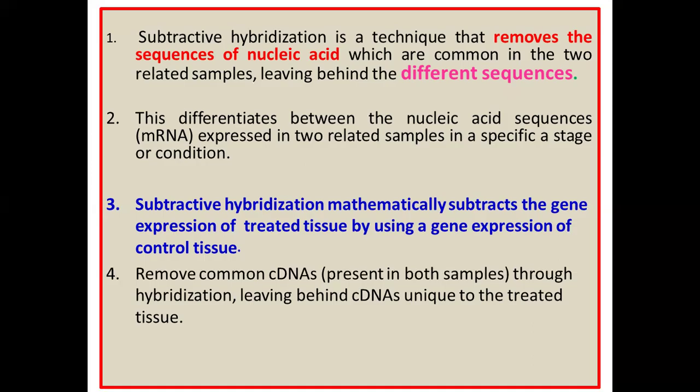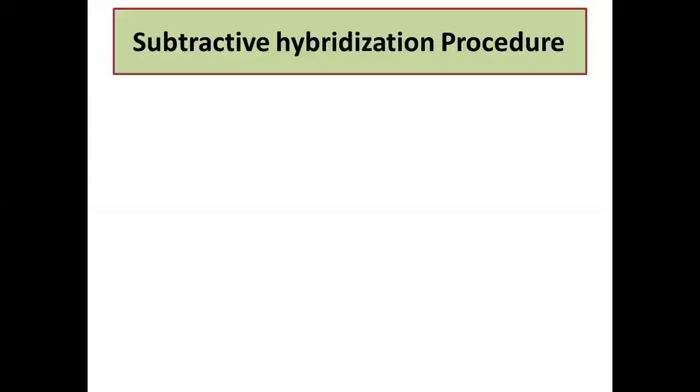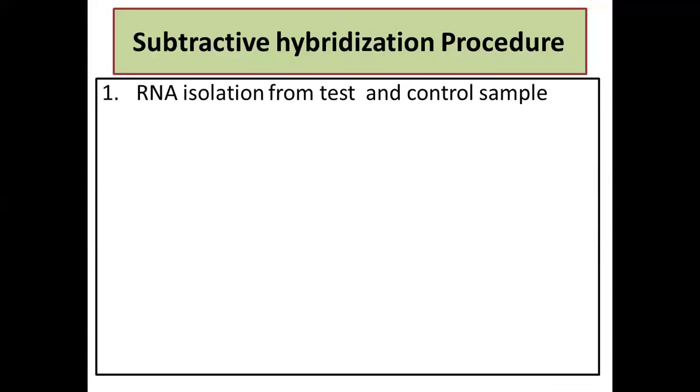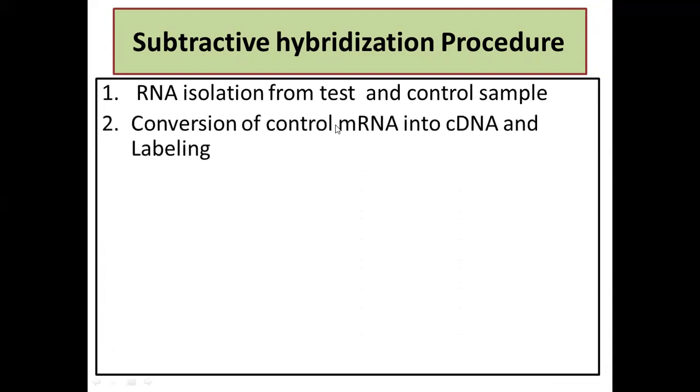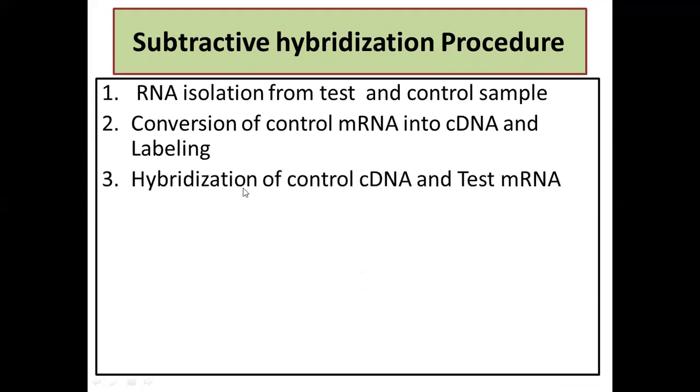subtractive hybridization. Here, what is the procedure of subtractive hybridization? You can see the first one is RNA isolation from the test and control condition or control samples. Conversion of control mRNA into cDNA and labeling. Hybridization of control cDNA and test mRNA.